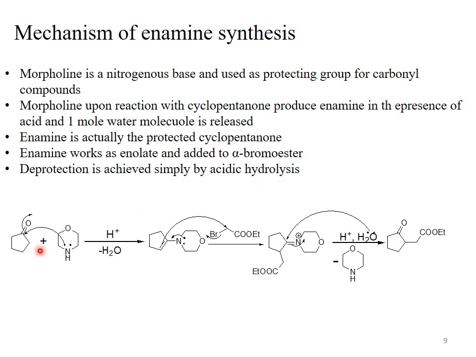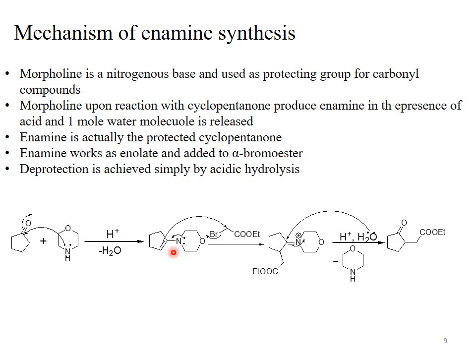Deprotection of enamine: the nitrogenous base is deprotected simply by acidic hydrolysis. See the reaction. The cyclopentanone reacts with morpholine base in the presence of acid, 1 water molecule is released and it produces enamine.